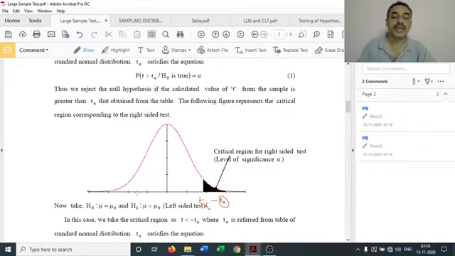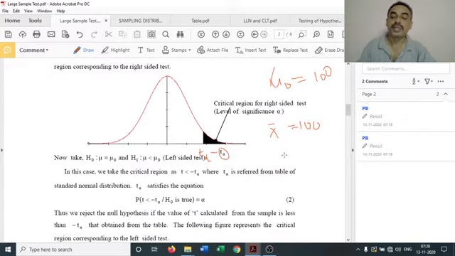So T is the axis here given with values. This is T equal to 0. This is T equal to T alpha. So we have the margin to accept H0: mu equal to mu 0 between 0 and T alpha also. For example, suppose we are to test whether the population mean mu 0 is equal to 100. If the sample mean x bar is also 100, there is no question of rejecting the population mean as 100. But we are ready to accept a sample mean of some 102.